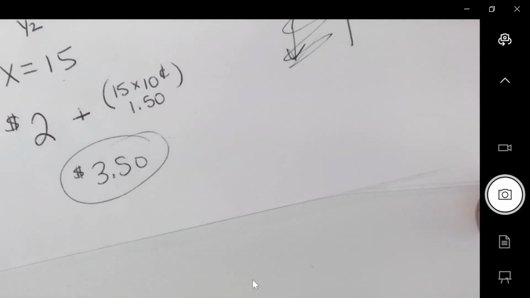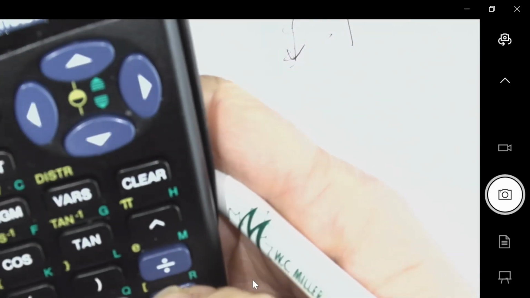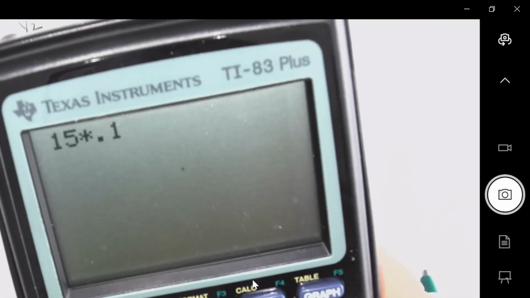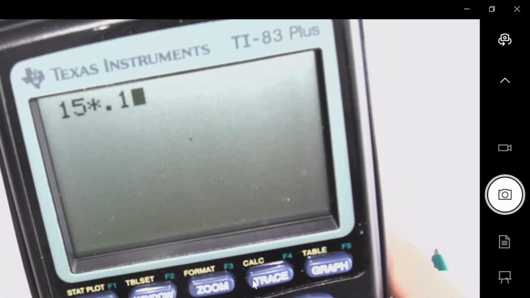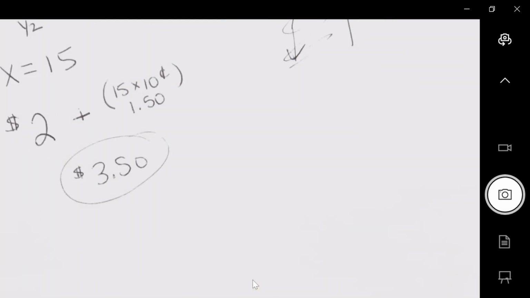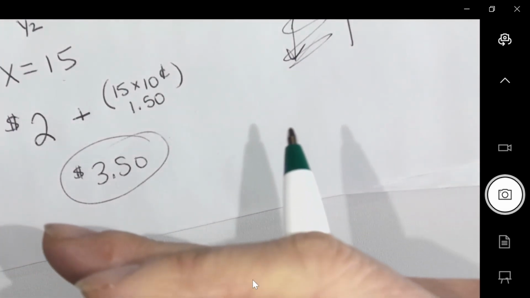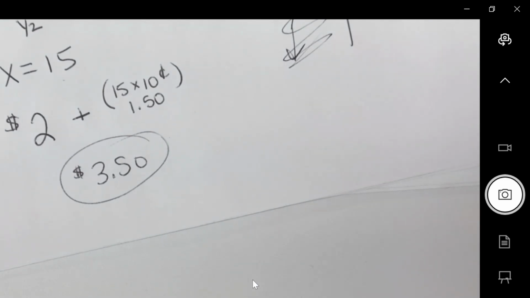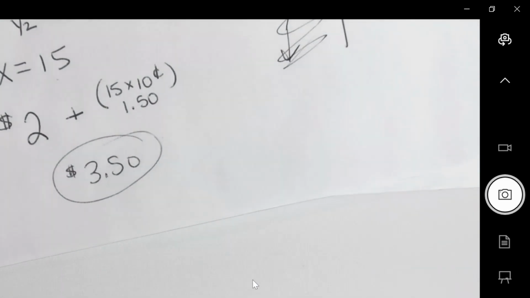What? From the bracket. Because if I do 15 times 10 cents, which is really 0.1, and then I have to go. Oh. Okay, yeah. Okay, we're going to go up to the Paulette question then. I skipped it, and now we're going to go back.